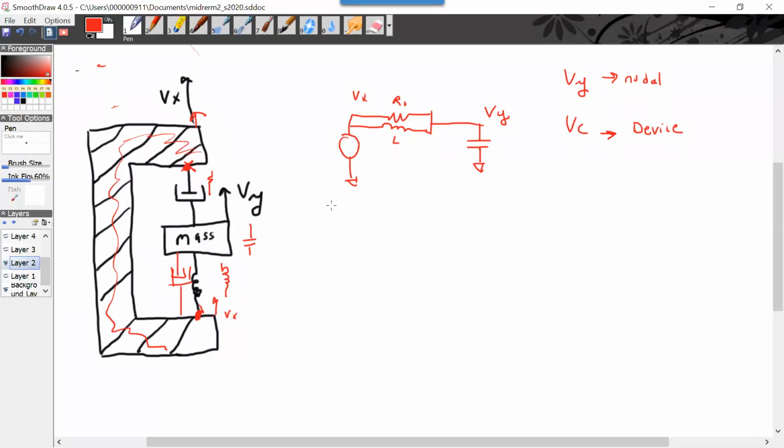So the transfer function is Vy over Vx, which is going to be the impedance of a capacitor.